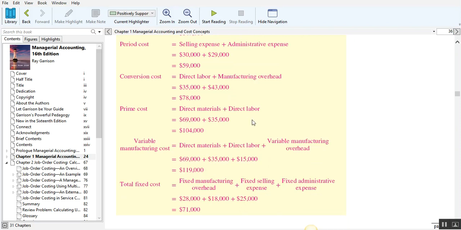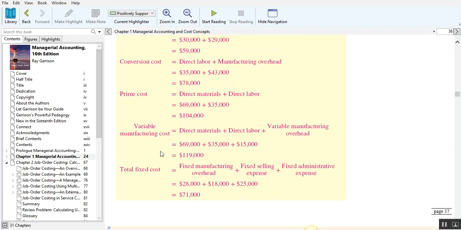Prime cost is direct materials and direct labor. Variable manufacturing cost is going to be the direct materials, direct labor plus variable manufacturing overhead. And when we talk about variable manufacturing overhead, a cost like electricity would be a variable manufacturing overhead cost.